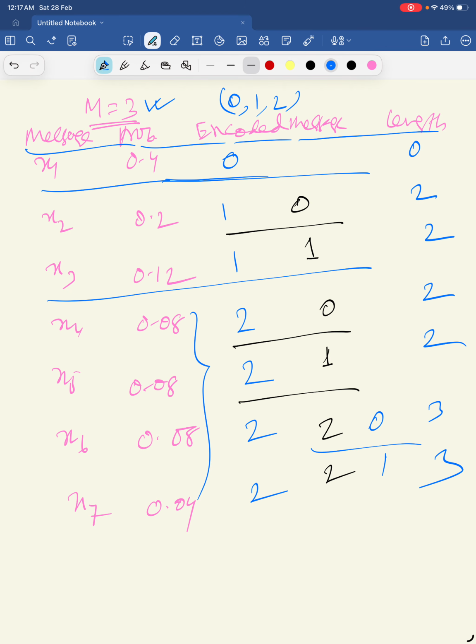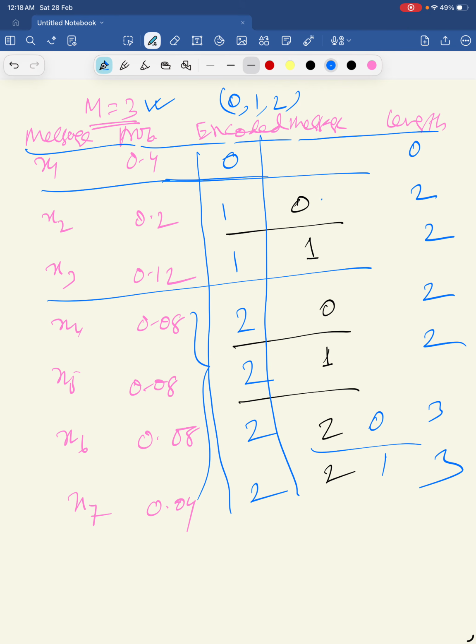Okay. So here if m is equal to 3, then the process is something different. We have to divide all the probabilities into 3 groups. Like here initially what we have done is this 0, 1, 2. Now it is 0, so no change.